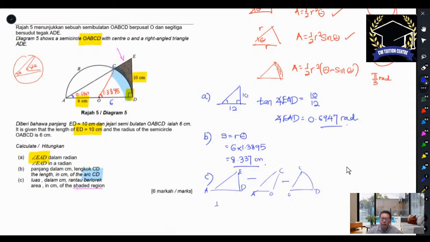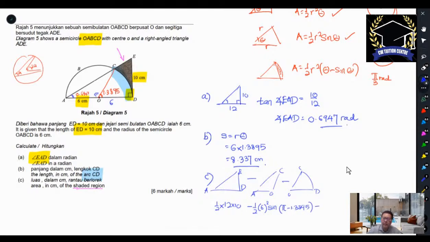This is half times base times height minus half AB sine theta. The angle is, I will use pi minus 1.3895.